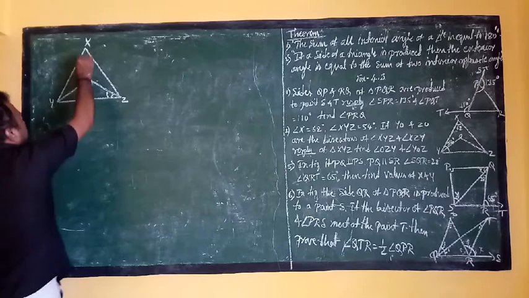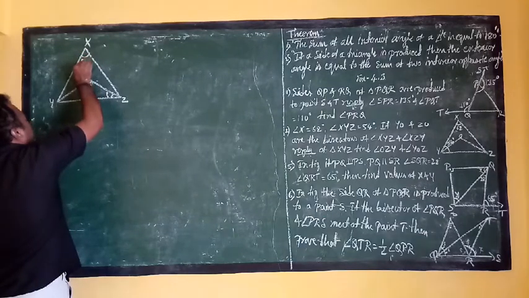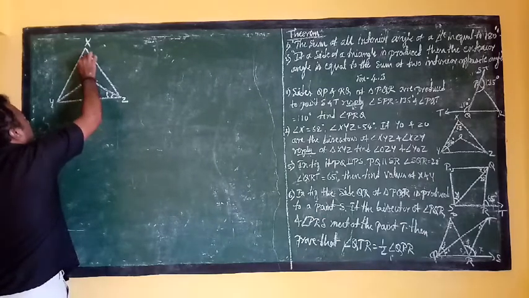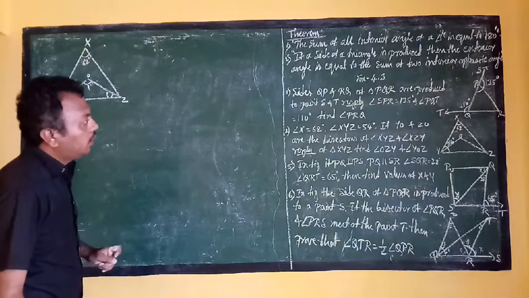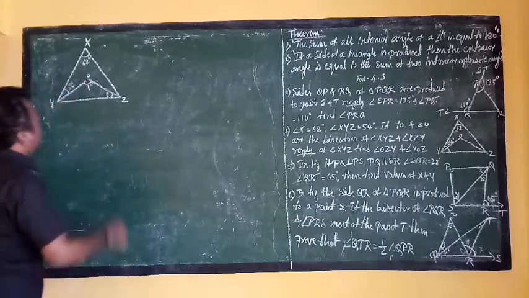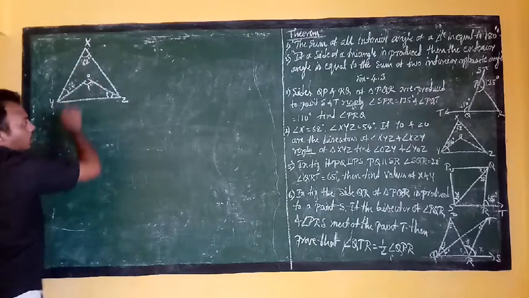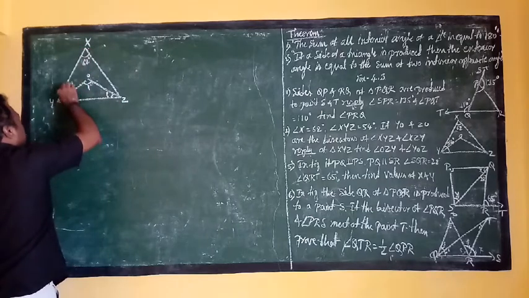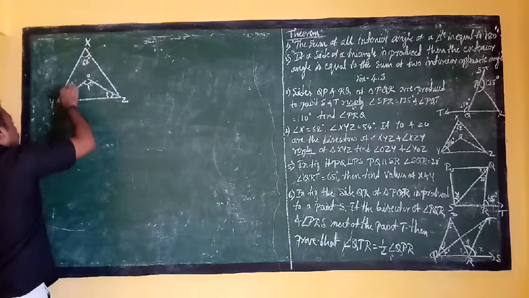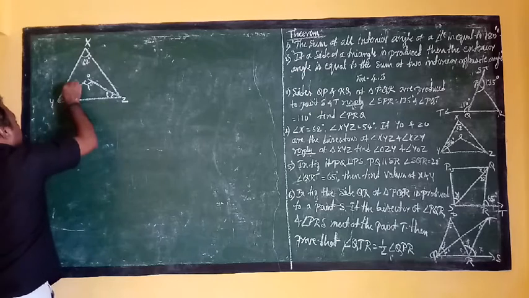So firstly they have given angle X as 62 degree, and also this is 54 degree. Angle XYZ is equal to 54 degree. So totally this angle is 54 degree.